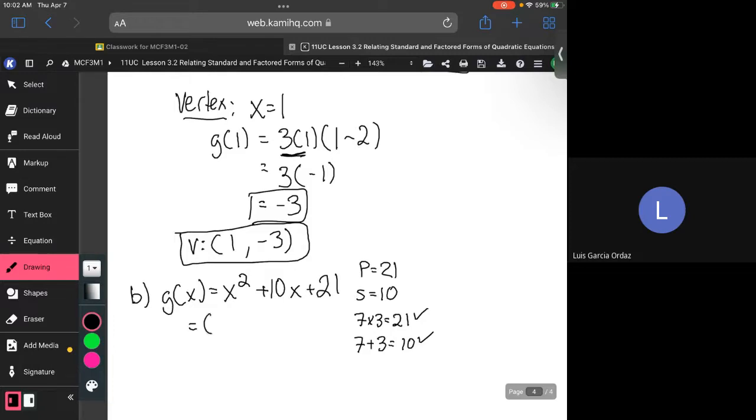Yep. Because I don't have a number in front of the x squared, I can just write it as x plus 7 and x plus 3.